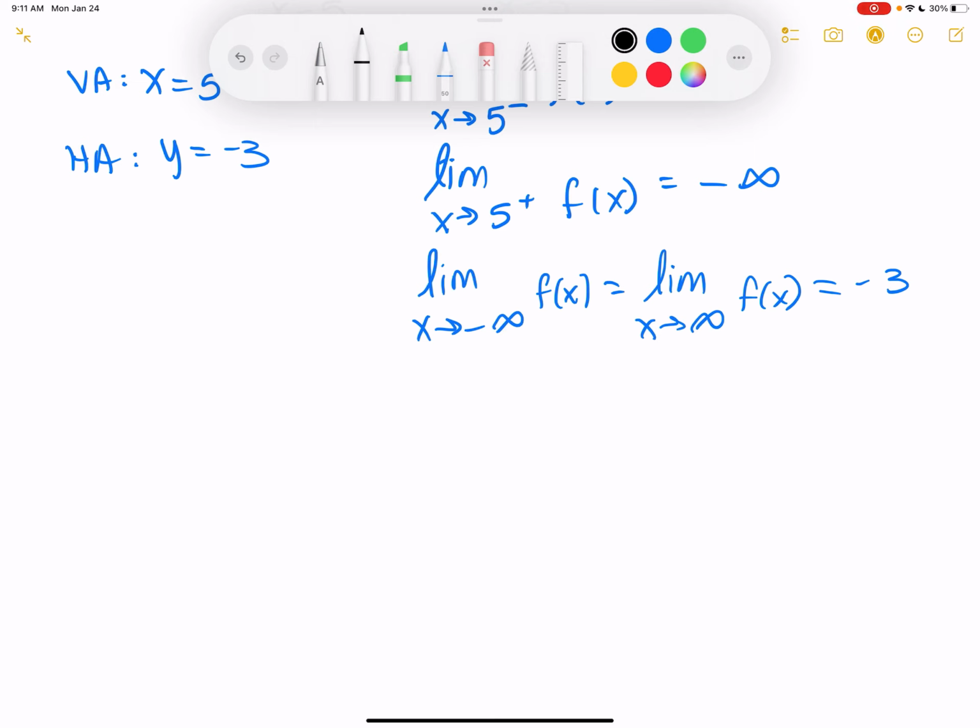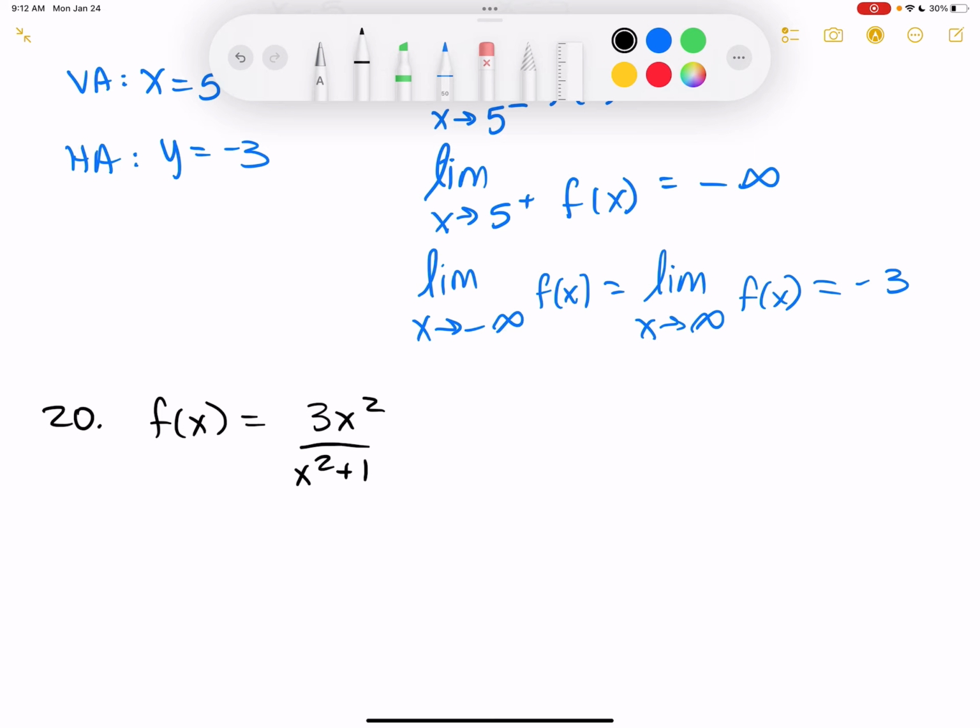So 20. f of x is equal to 3x squared over x squared plus 1. So vertical asymptotes. Is there anywhere that the denominator is equal to 0?